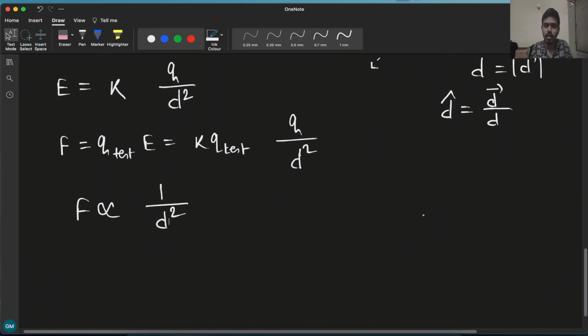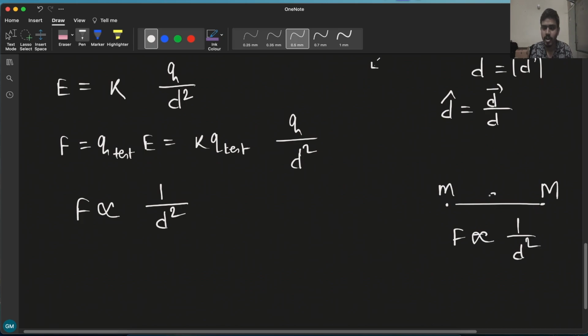For example, you must have heard about the gravitational force. There also, if there are two masses, capital M and small m, separated by a distance d, then the gravitational attraction force will be proportional to 1 by d square.